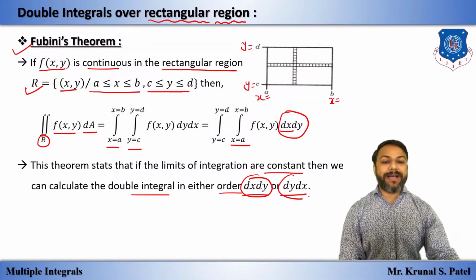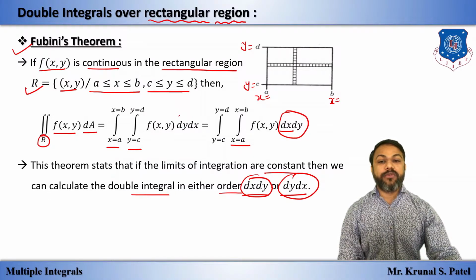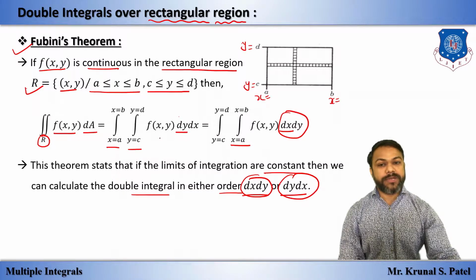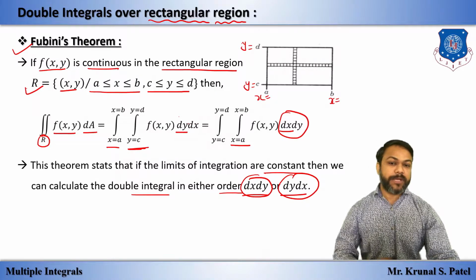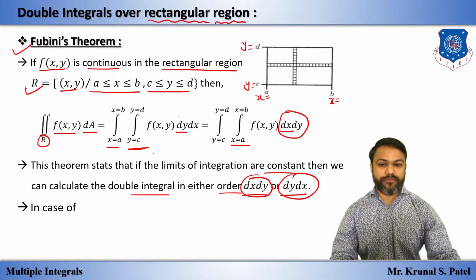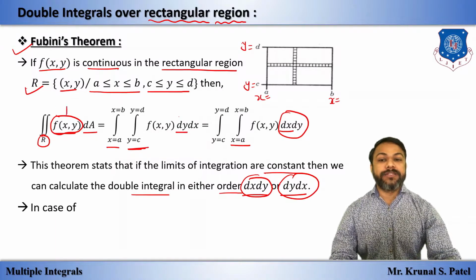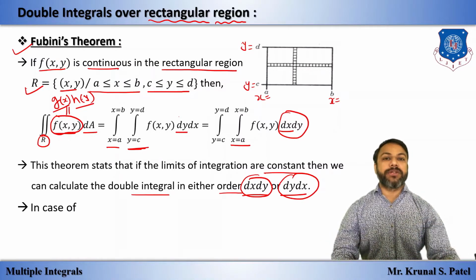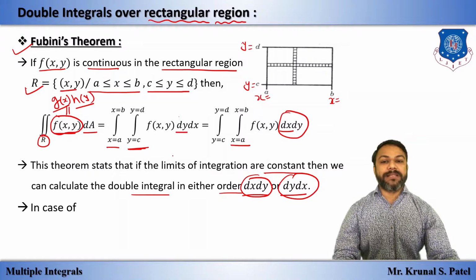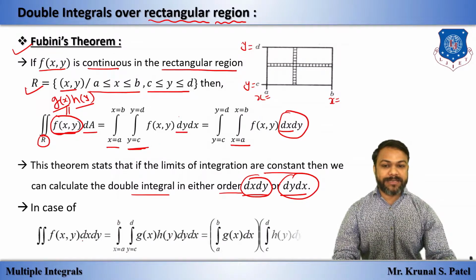If we use dy dx, then we integrate with respect to y first. At that time, the limit of y is inside and the limit of x is outside. In case the given function f of x comma y is a product of a function g of x and a function h of y, that means a function of x and a function of y in multiplication, we can separate the two integrations like this.